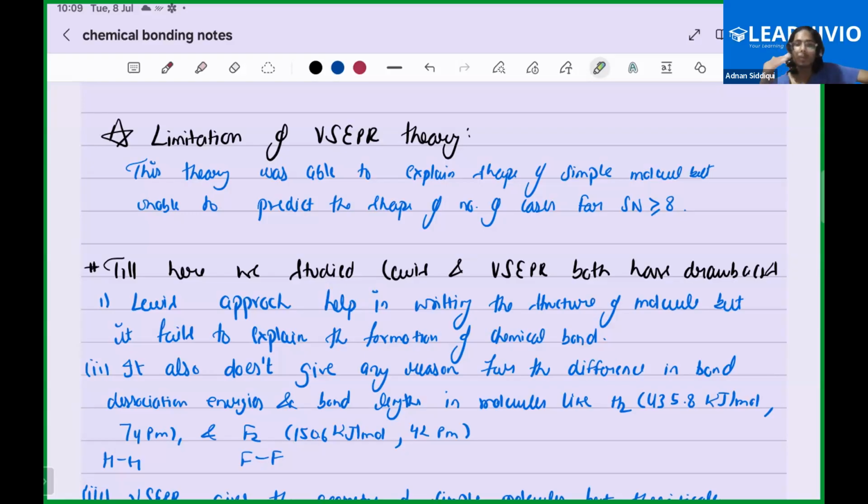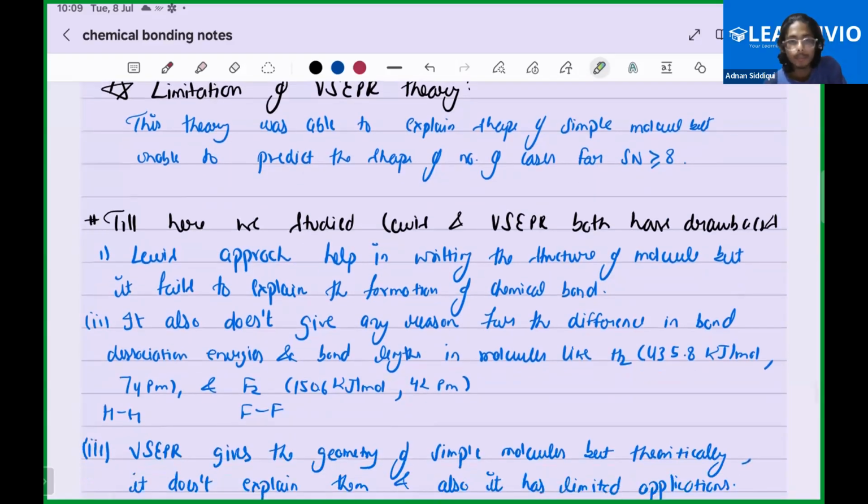But as you reach more complex compounds, this theory was not able to explain their properties properly. It was having trouble elaborating about the properties of compounds which were surrounded by 8 or more species basically. It could be an atom, it could be a lone pair, right? So what is the limitation of it? It cannot explain the molecules with steric number 8 or more, right?